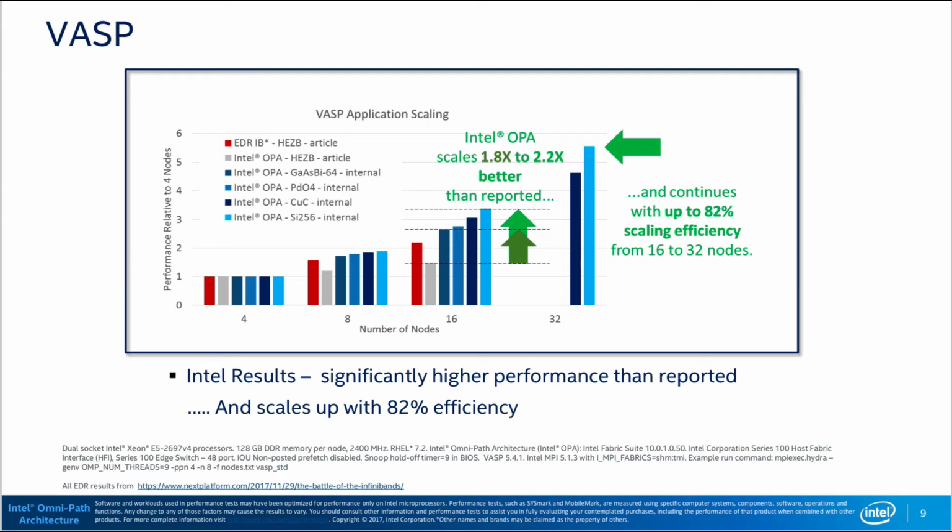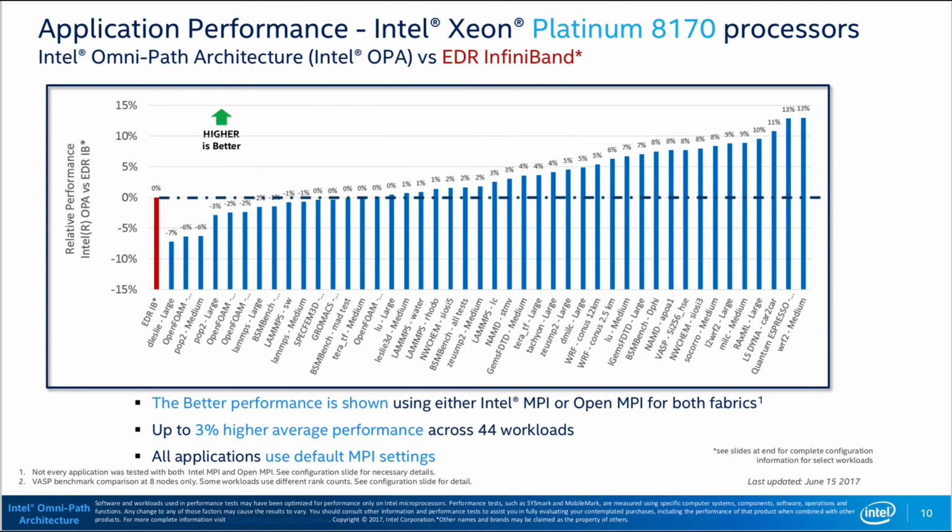The performance of OmniPath is excellent, and as pointed out here and on the LS-DYNA as well as on the ANSYS benchmarks. When we do the testing, we try to do it in several ways. One is comparing straight up different MPIs to different MPIs between InfiniBand EDR versus OmniPath.